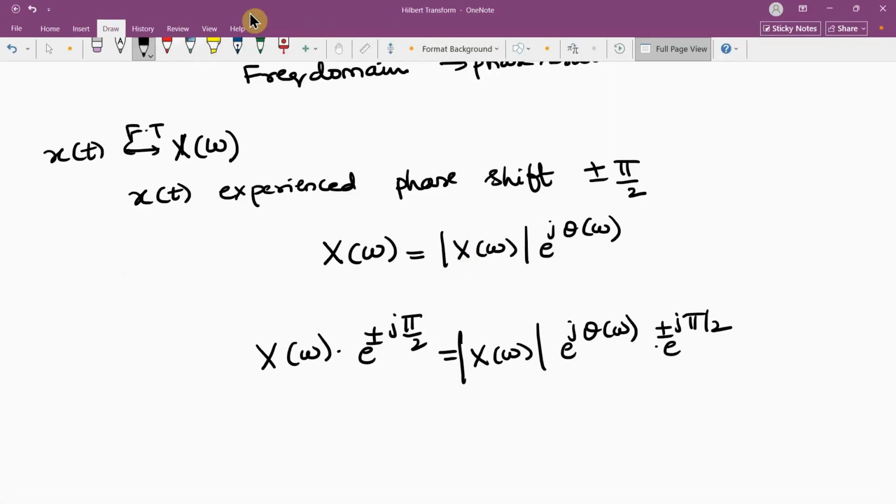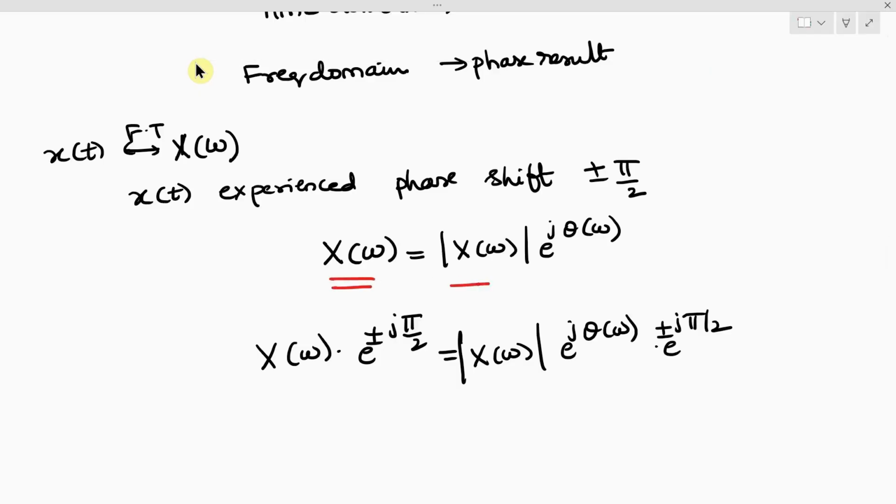Do you understand what I am going to say? X of omega is represented in its polar form like this, having magnitude and phase. If this x of t is sent to the Hilbert transformer, then definitely it experiences a phase shift of plus or minus pi by 2.